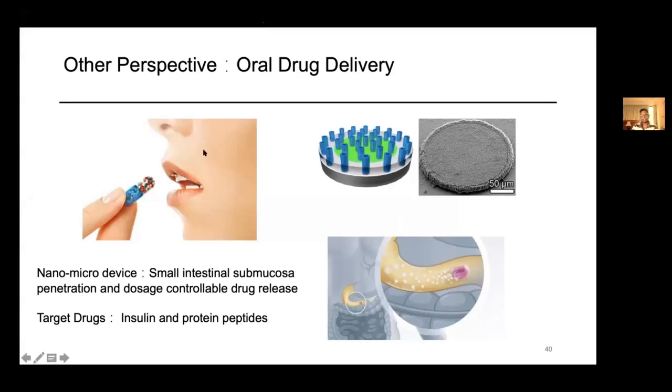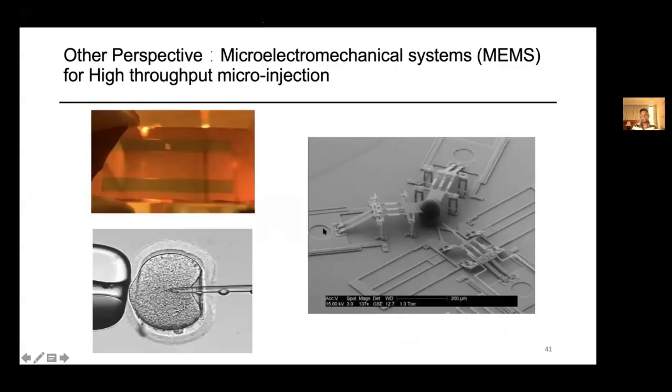And also for MEMS, I'm an expert in nanofabrication, so we are able to use MEMS to make a lot of different nanostructures. Really, what I want to do is build a high throughput micro injection.